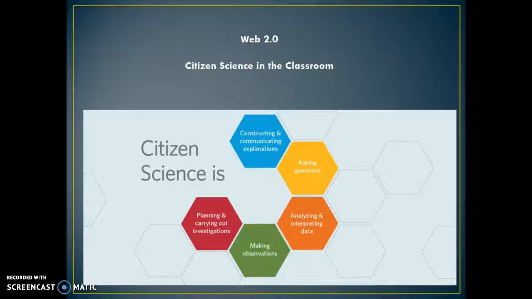There are various ways you can involve yourself. You can do investigations, collect data, ask questions, and look at the data and analyze it yourself. At whatever level you are, from elementary to citizens, you can volunteer and be part of this great project.